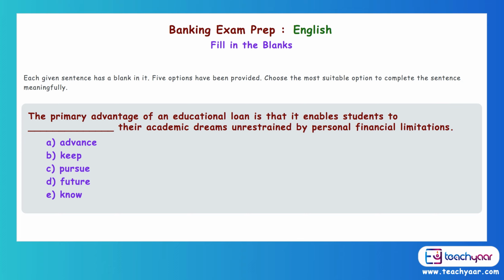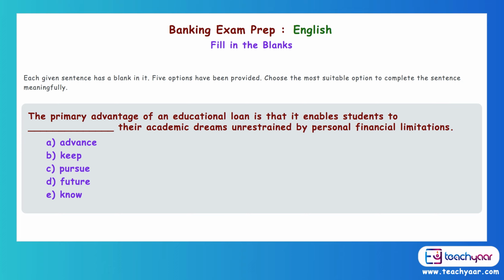Which is the second option? Keep. Keep is to keep with yourself. To keep their academic dreams. What is the third? To pursue, I mean to follow their academic dreams. D is future. To future their academic dreams. To know their academic dreams.